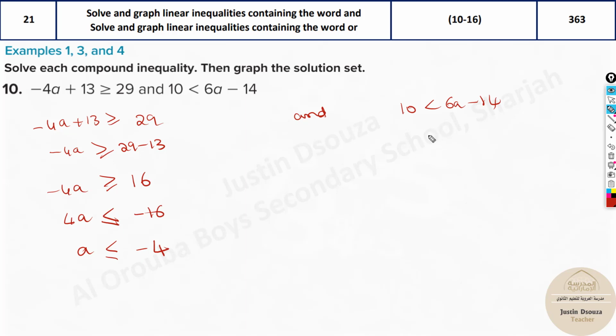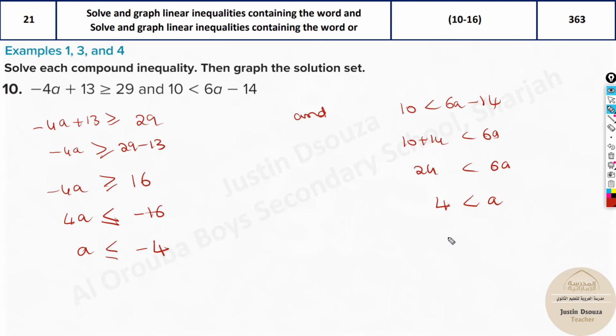What about the next one over here? Let's solve this. Here we have 10, take this 14 to the other side, it will be 10 plus 14 less than 6a, it will be 24 less than 6a. And 24 divided by 6 is 4 less than a. We will write it, now we are not changing the symbol, just a is greater than 4.